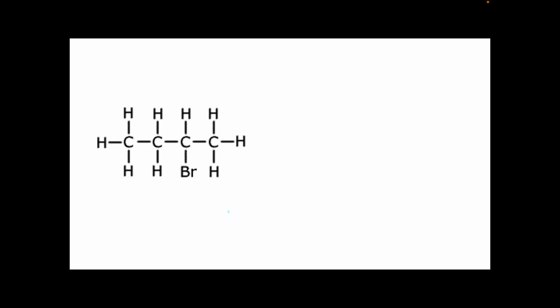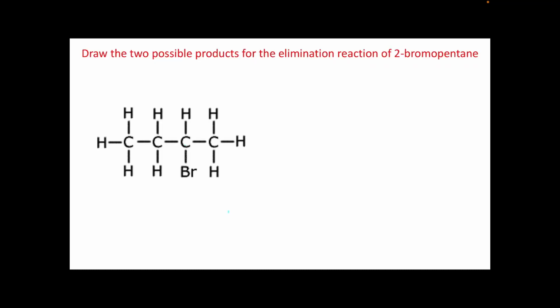Once again, there is a possibility of two different products which would be isomers of each other. So I'm going to draw those on. So you could remove the bromine from here, well, it has to be removed from there, and you could remove a hydrogen from this carbon, and you would get the double bond forming between the first two carbons.